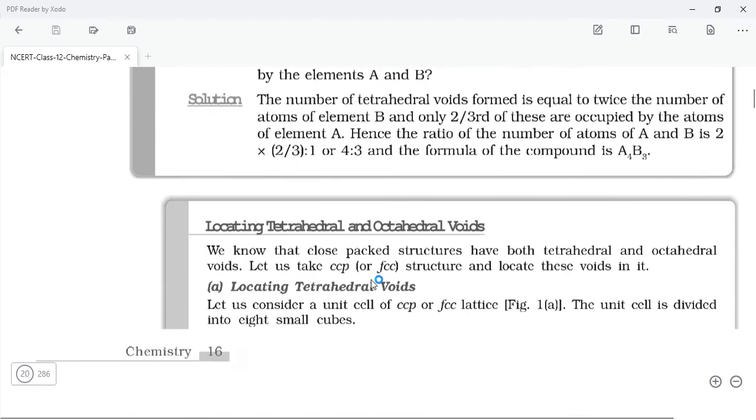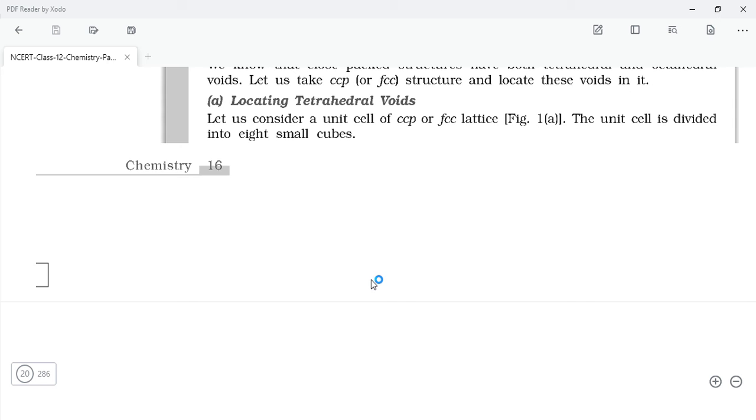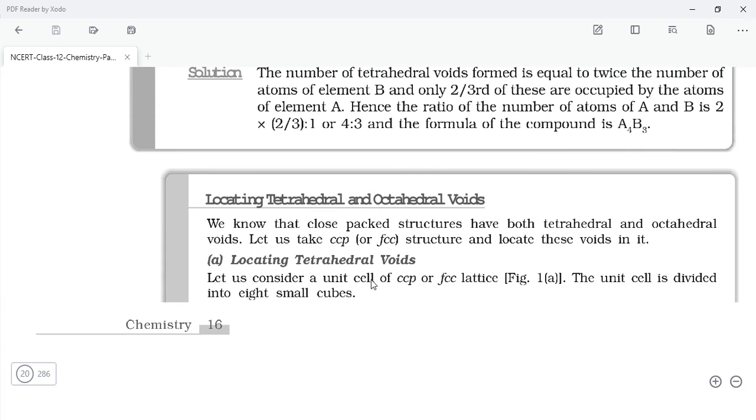Now, a similar example you might do by yourself. Locating tetrahedral and octahedral voids.